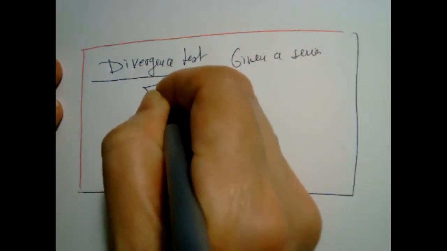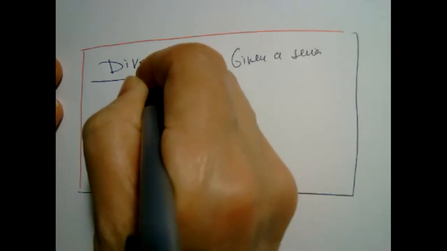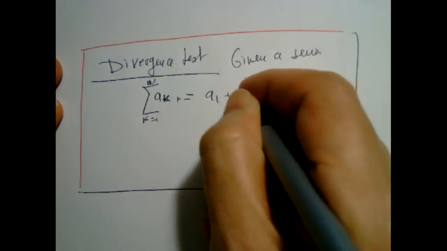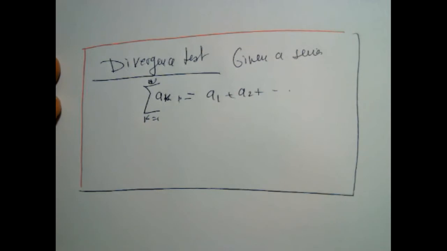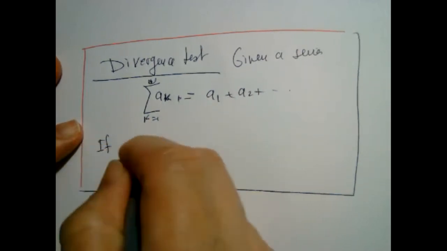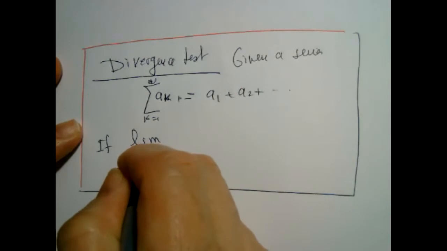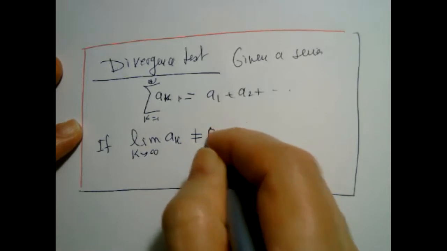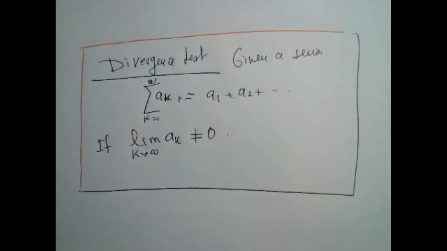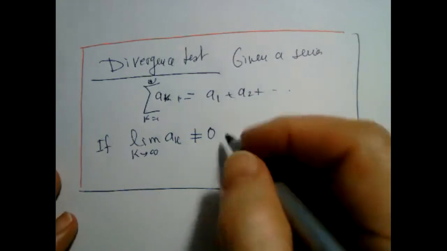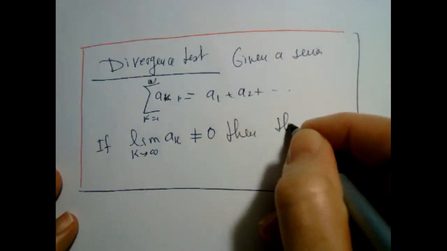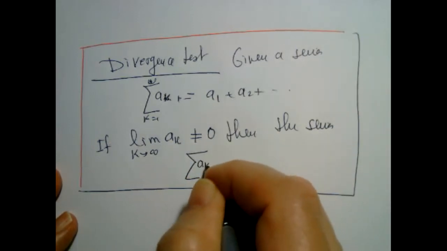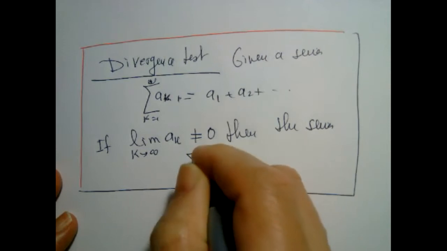Sigma a_k, k equal 1 to infinity. The divergence test tells me that if the individual term of the series does not go to 0, it means if the terms don't get small enough, then the series, I want to finish my sentence, diverges.